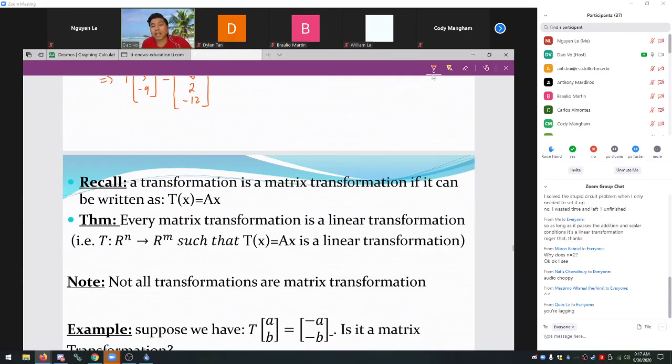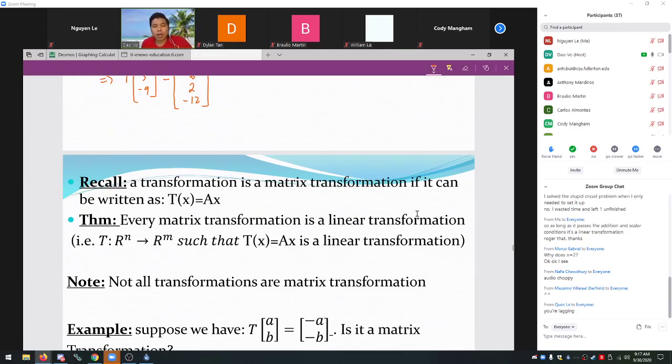So that's the second way to prove whether it's a linear transformation, besides the definition. You can prove using the definition, or you can use the theorem if you don't want to use the definition.